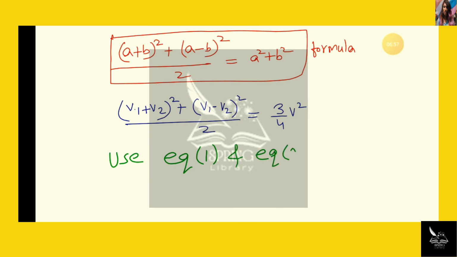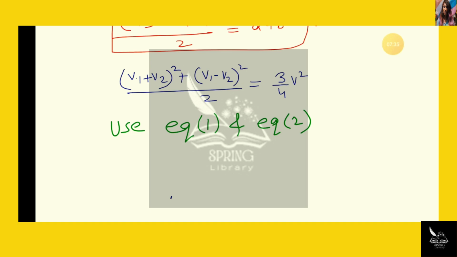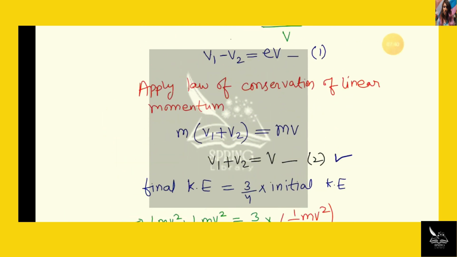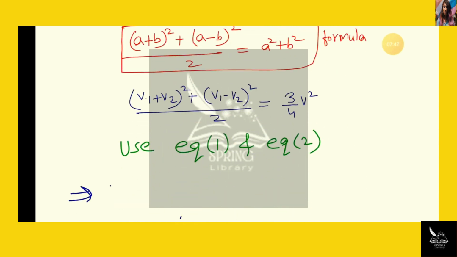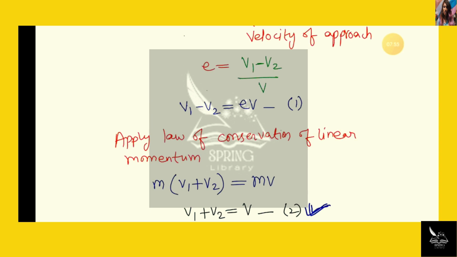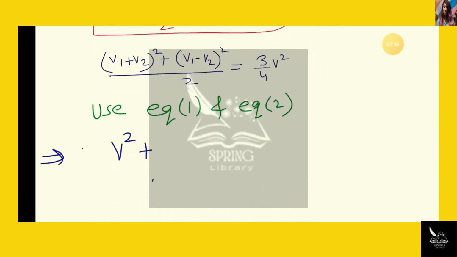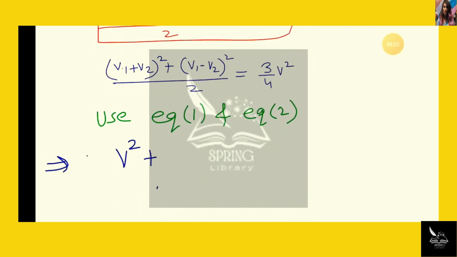After using these, (v1 plus v2) whole square will be written as, by using equation number 2, v1 plus v2 is equal to v, so v square, plus now (v1 minus v2) whole square will be written as, by using equation number 1, ev. So (ev) whole square, that means here put the value of v1 minus v2, that is ev, then whole square, divided by 2 is equal to 3/4 of v square.